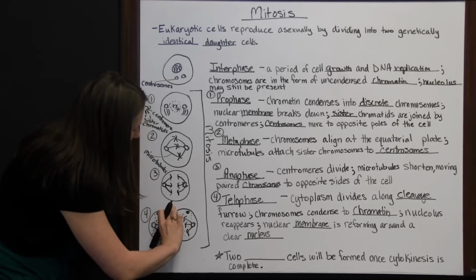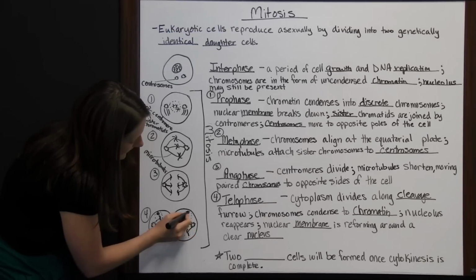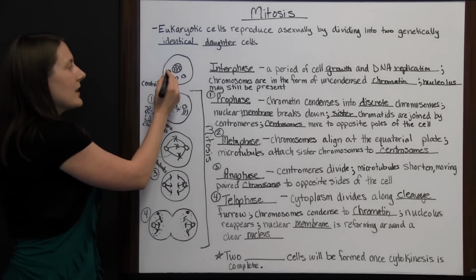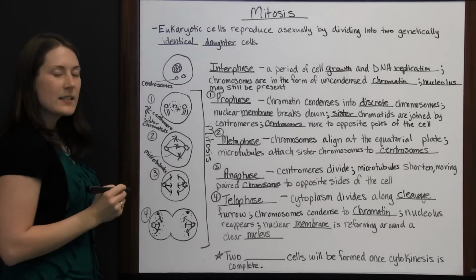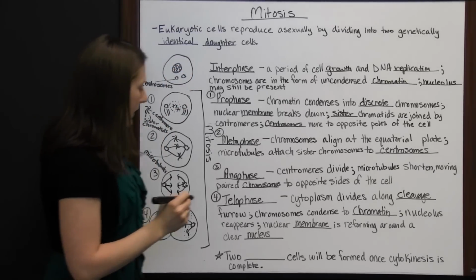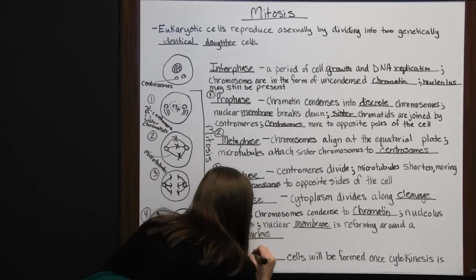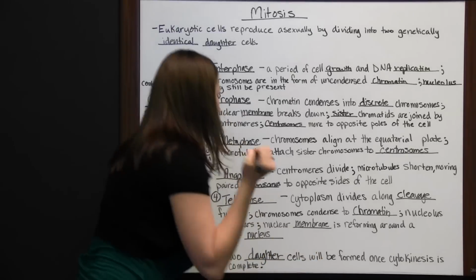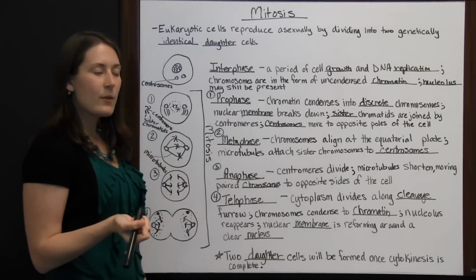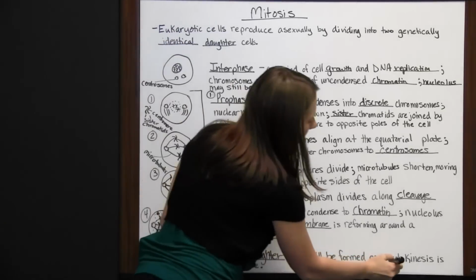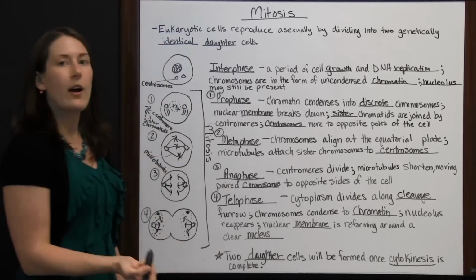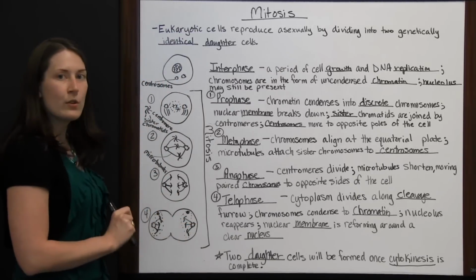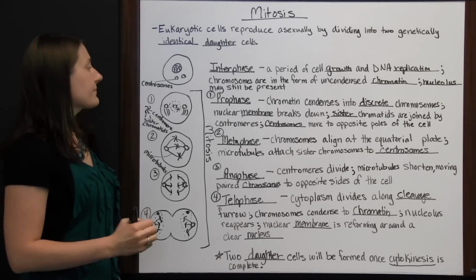So once these cells split off, then this is going to be a nucleus again that looks much like this, with the uncondensed chromatin and the nucleolus in the center. Two daughter cells, as we discussed at the beginning, two identical daughter cells will be formed once cytokinesis is complete. And cytokinesis is that process of the cell being cleaved in half to form two new identical daughter cells.